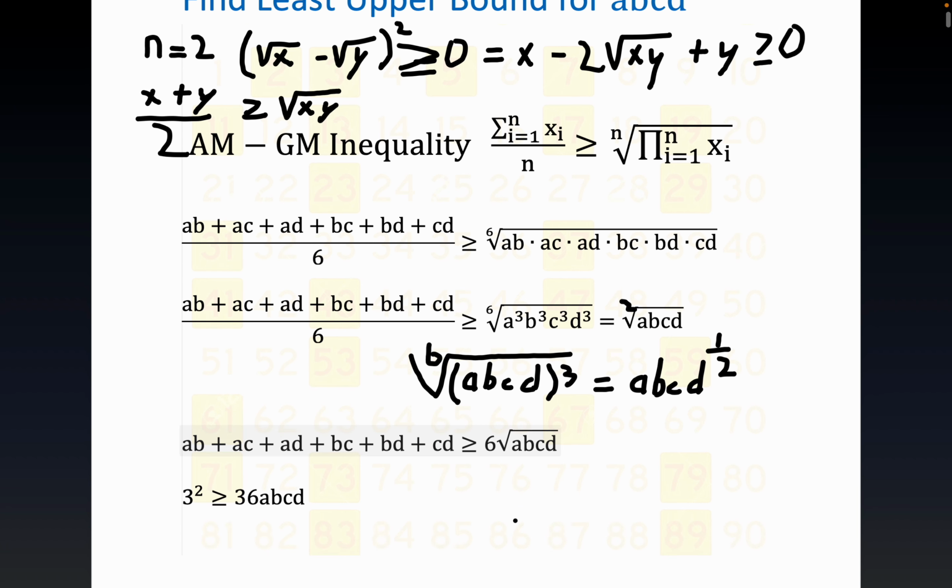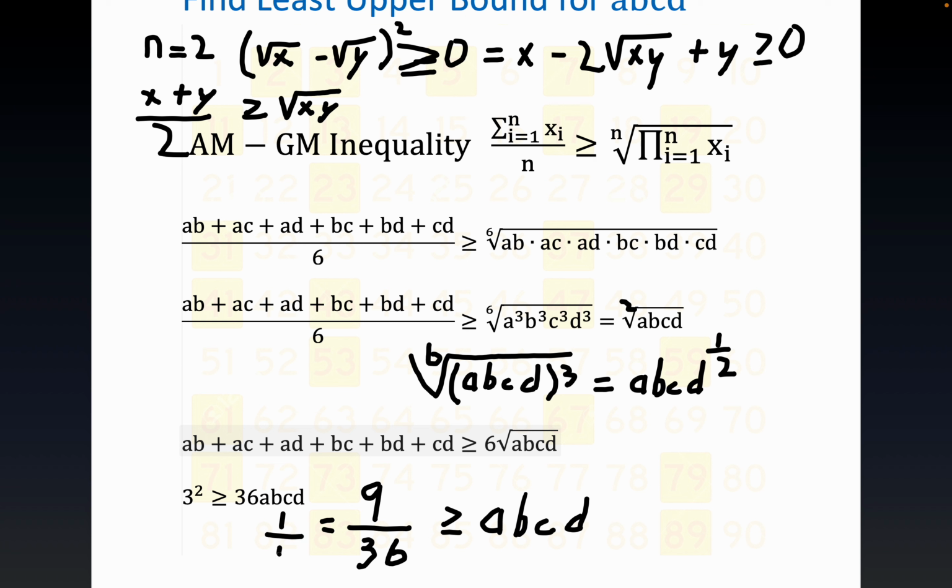And so at this stage, we have 9 over 36, which is going to be an upper bound for the product of all the variables. Okay, but of course this is equal to 1/4, right? So 1/4 is the answer. 1/4 is the answer we're looking for.